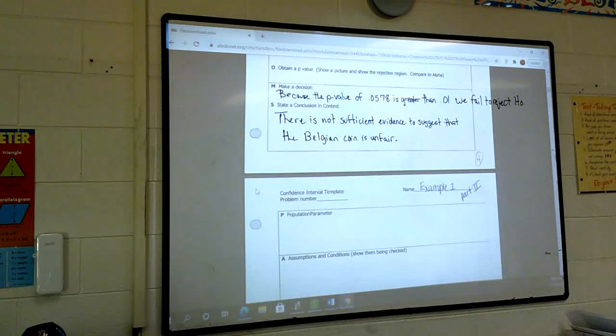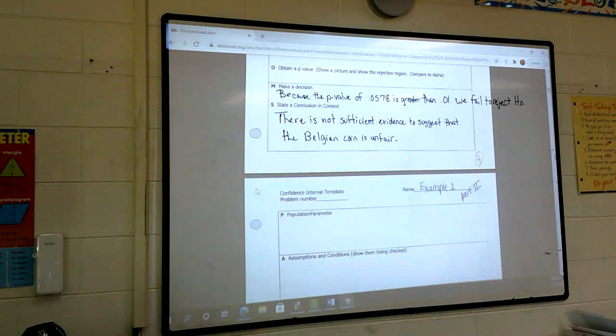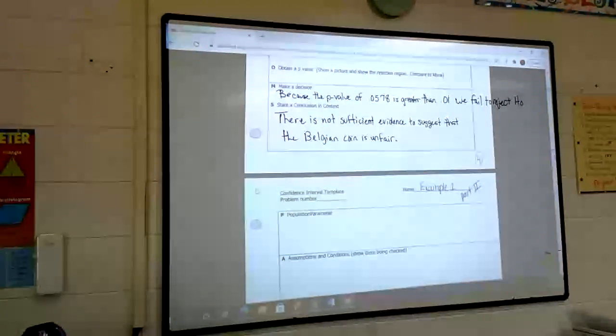So because the p-value of 0.0578 is greater than 0.01, we fail to reject H0. So we are not able to reject it. If you're not able to reject it, that means you did not have sufficient evidence in the alternative. So if somebody tells you something and you're not able to reject it, it's because you don't have sufficient evidence in the alternative. Okay.